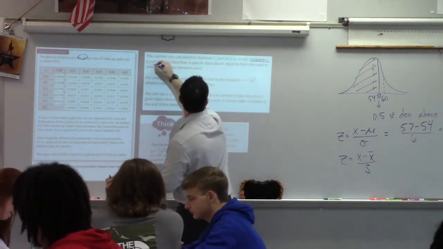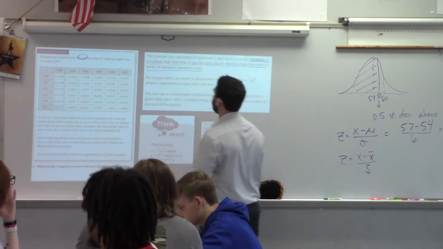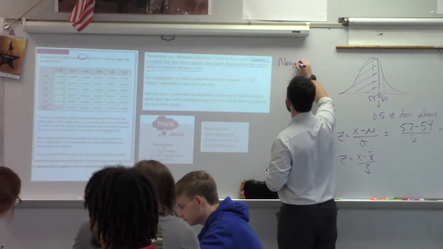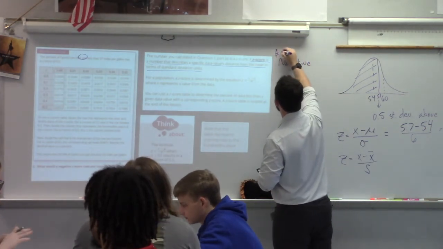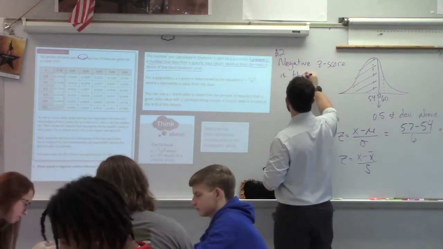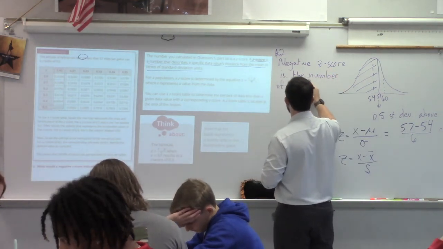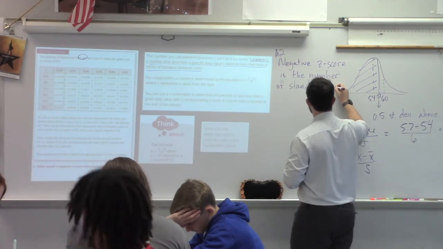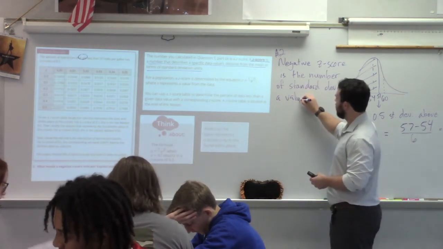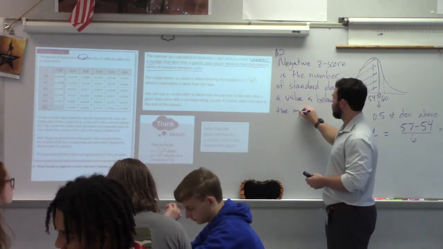And if you don't, here we go. Remember and highlight this, a z-score is a number that describes a specific data value's distance from the mean in terms of standard deviation units. That's how we define a z-score. So a negative z-score is the number of standard deviations a value is below the mean.